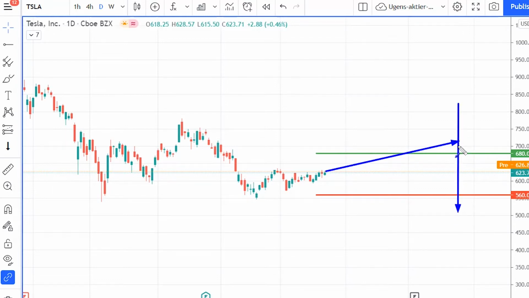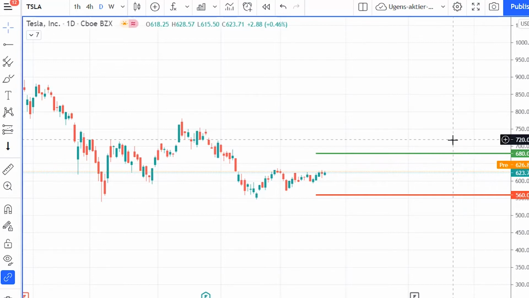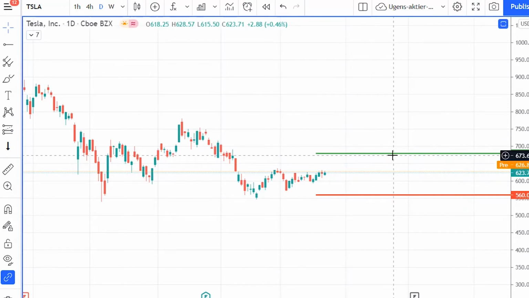The expiration date is around here. So I hope Tesla has gone up in price before we reach the expiration. Now, I have the right to do something here, but not the obligation. So let's have a look at what I have the right to do. So let's say that I'm right in my assumption and that Tesla goes up in price to 800 in 2 months.